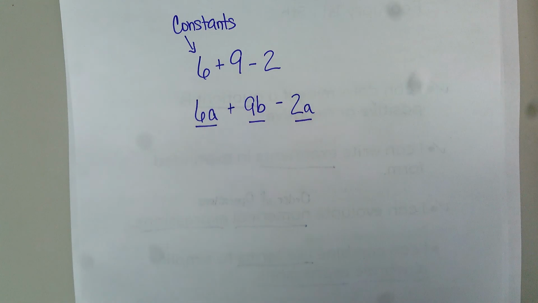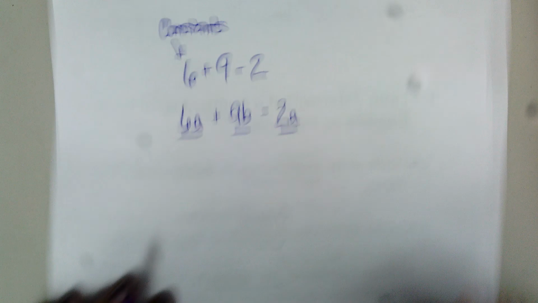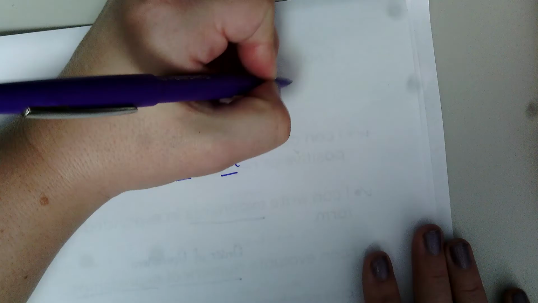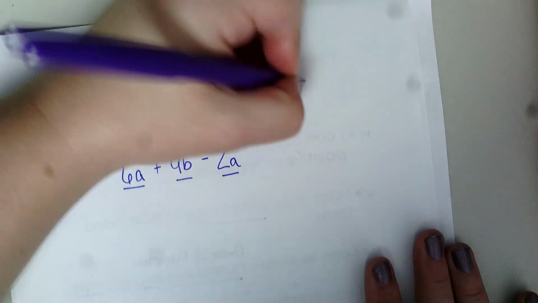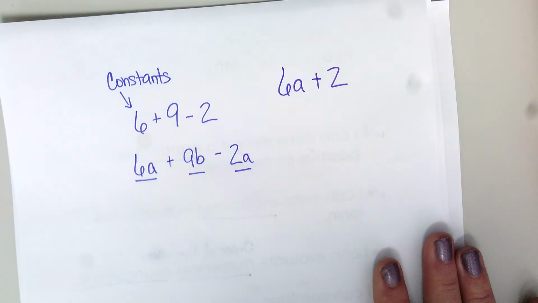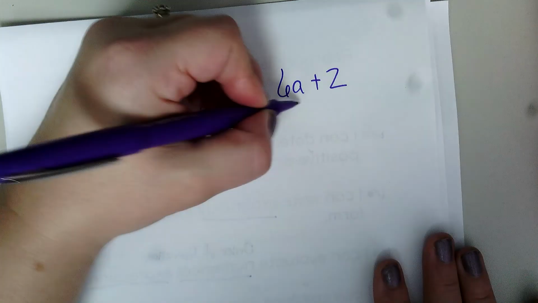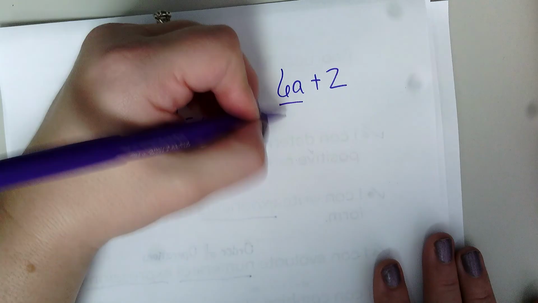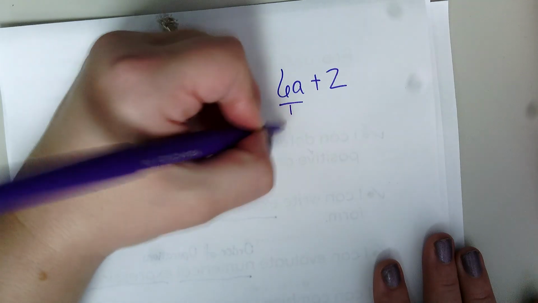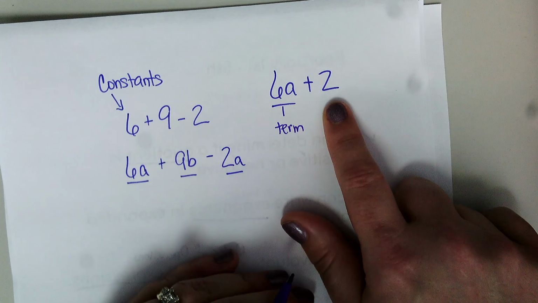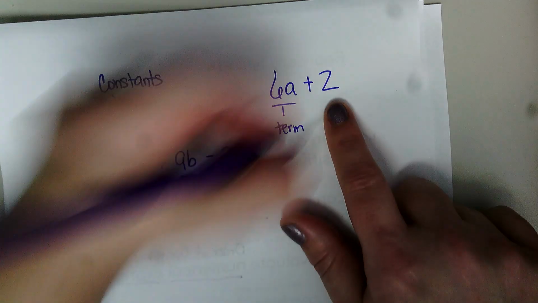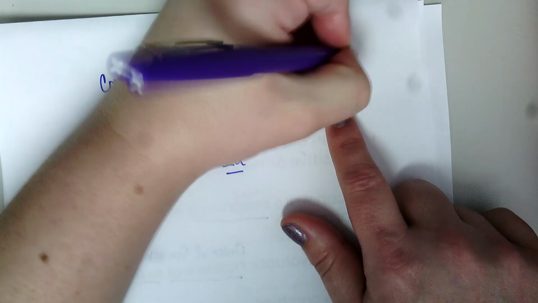Okay? On your last assignment for this week, you're going to see a term dissected. And that term, I believe, let's say it's 6a plus 2. It's going to tell you that this is called a term. This is also called a term, but it's a constant. So we're going to put this as a constant.